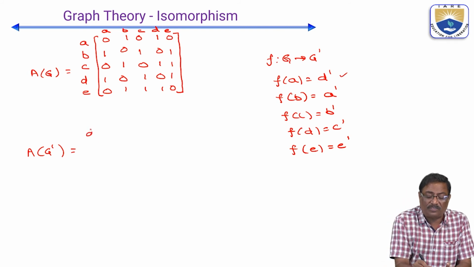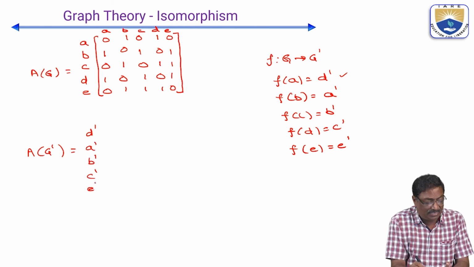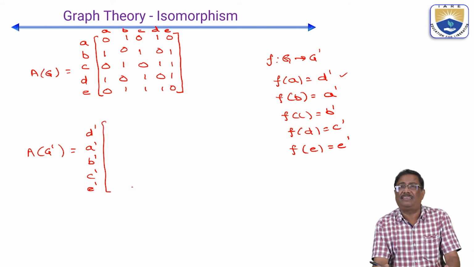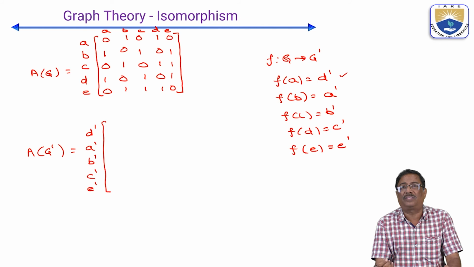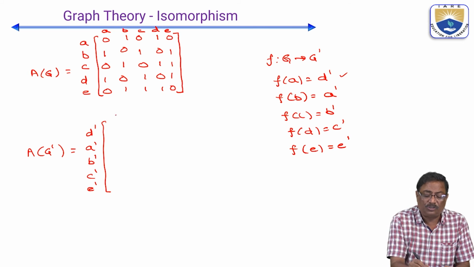So I write first D dash, A dash, B dash, C dash, and E dash. In the same way, I can construct n factorial such matrices, depending on the number of vertices the graph has, by changing the order. So here I have D dash, A dash, B dash, C dash, and E dash.